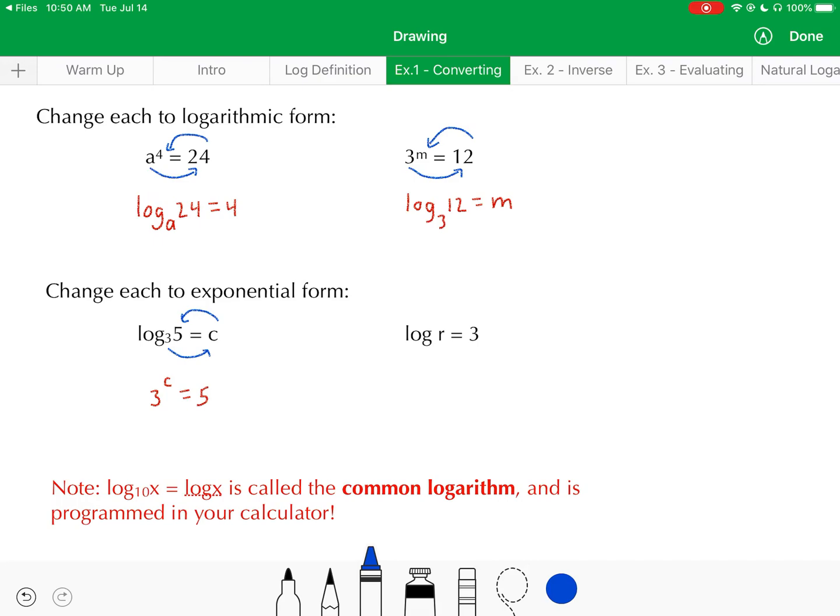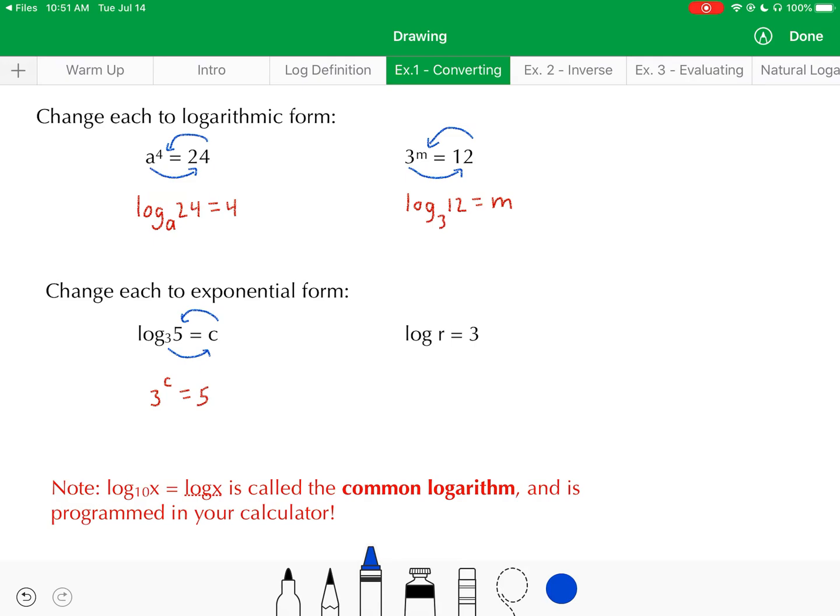And what I want you to notice is that there is no base written for the logarithm. Whenever that's the case, it's understood that the base is 10, which is what I have written down here in red. So log base 10 of x is equivalent to just saying log of x. And this is known as a common logarithm, okay?